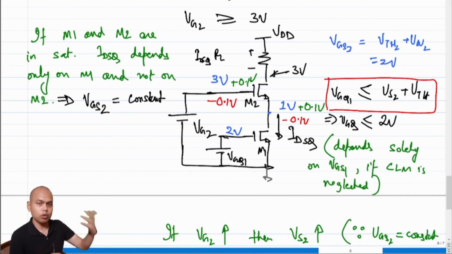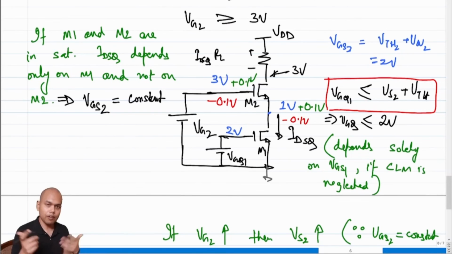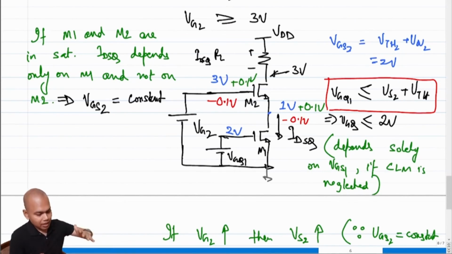For M2 to go out of saturation, we had to increase the gate voltage of M2 to beyond 4 volts. Then only M2 would have gone out of saturation. But if we bias the gate of M2 to a lower voltage than 3 volt, it seems like M1 will go out of saturation, right?